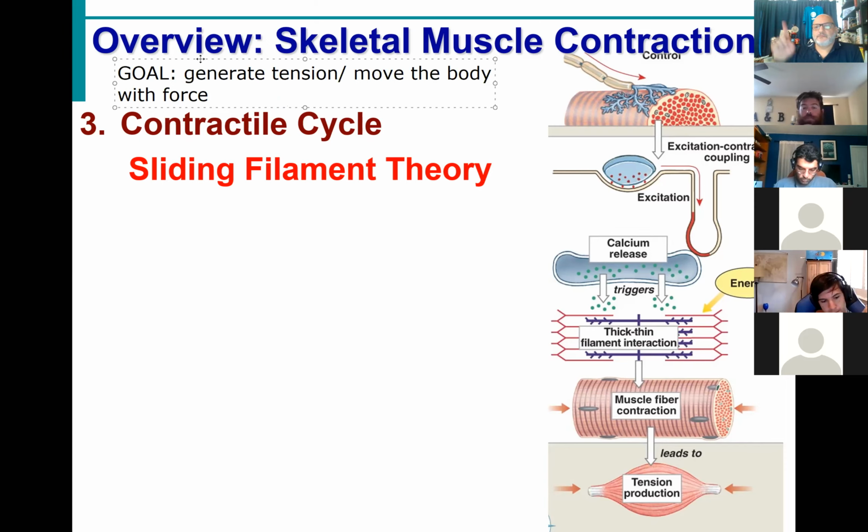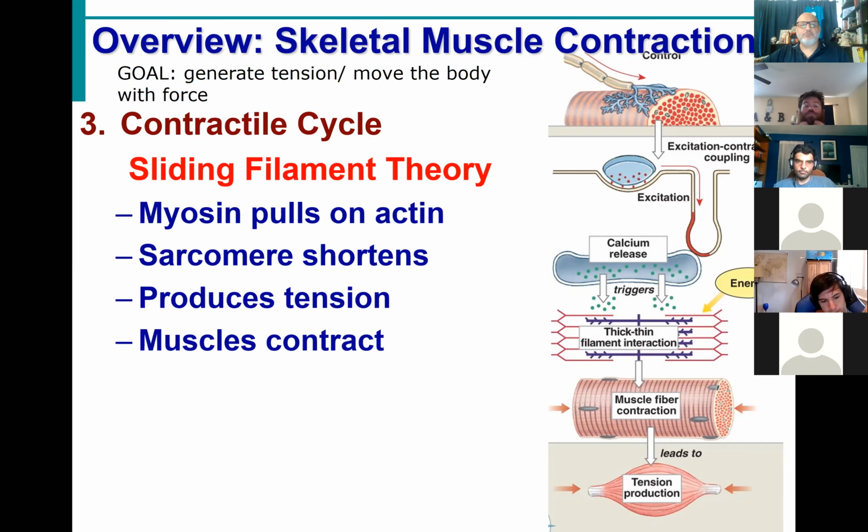It happens repeatedly. Yeah, it's a continuous process. Like me climbing a ladder. I grab and pull, and then I grab and pull, and I grab and pull. It's a continuous process to get up that ladder, right? And that's what happens here. We have this continuous cycle of the myosin and actin interacting, generating the tension, producing the force, moving the body through space.